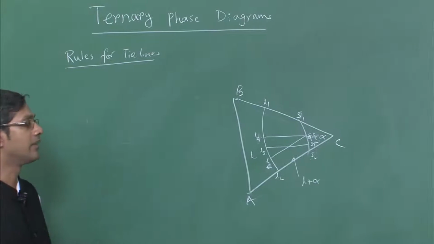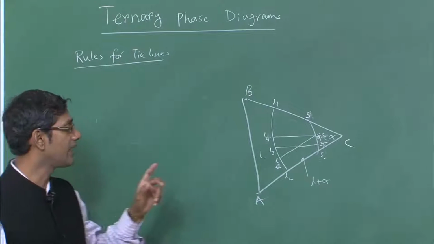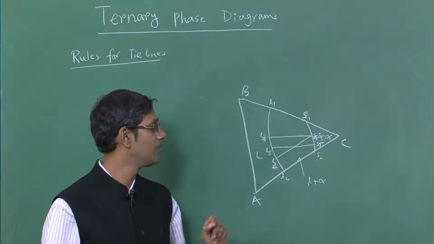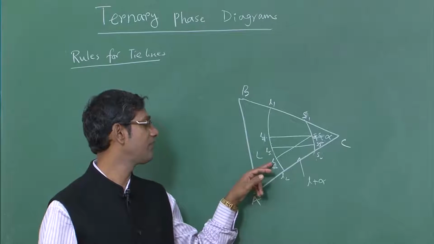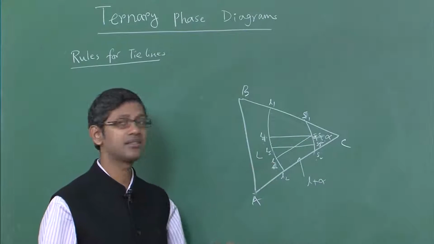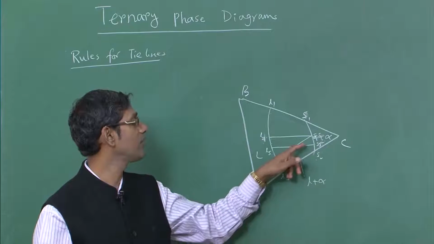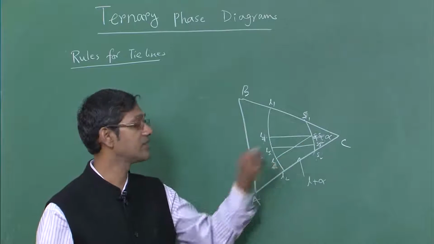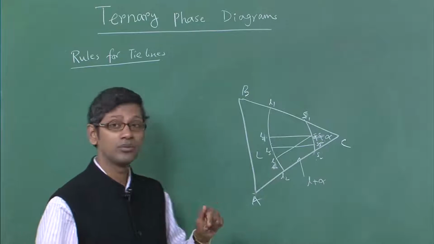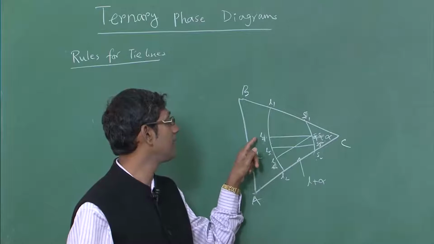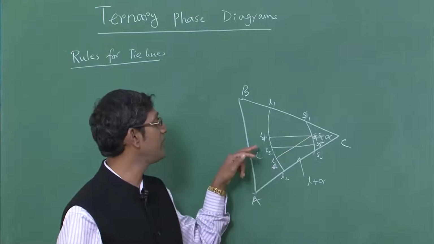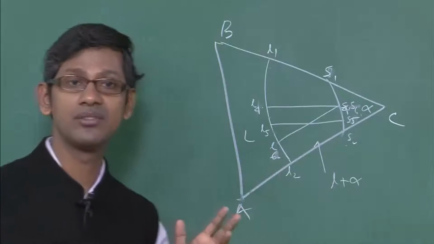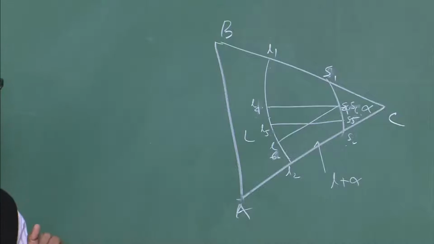You might be wondering why. Very simple. A tie line connects phases from one end to the other end, right. So this tie line L6 S6 is connecting the solid and liquid phases, one at L6, the other at S6, and it is intersecting with L4 S4. That means L6, S4, S6: 3 phases, 2 solid and 1 liquid, at equilibrium.